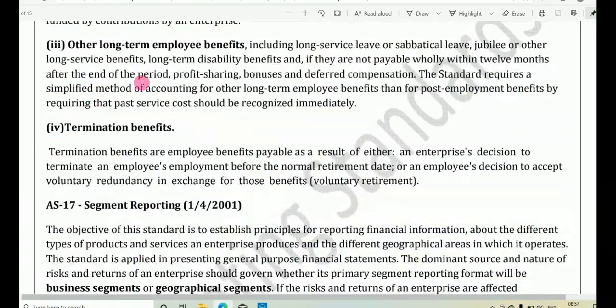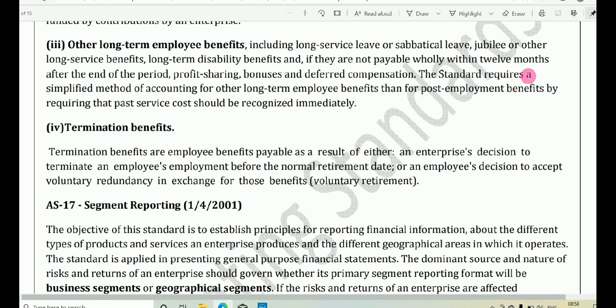Number 3, other long-term employee benefits including long service leave or sabbatical leave, jubilee or other long service benefits, long-term disability benefits, and, if they are not payable wholly within 12 months after the end of the period, profit sharing, bonuses, and deferred compensation.